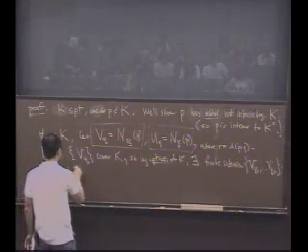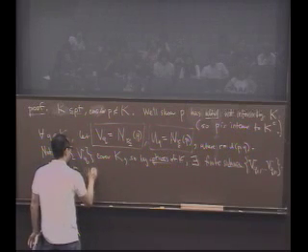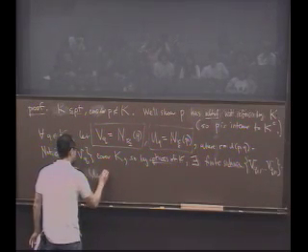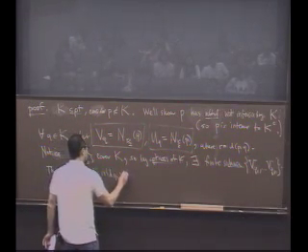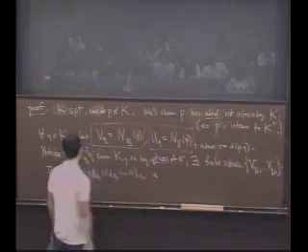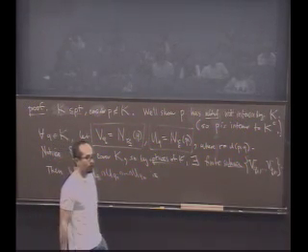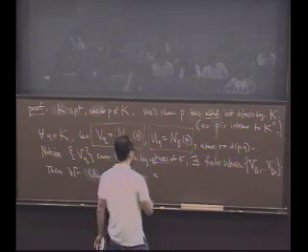Let's call it W. If we take the intersection of U sub Q1 intersect U sub Q2 dot dot dot U sub Qn, what can I say about W? It's the intersection of how many things? Finitely many things. Therefore, it's an intersection of finitely many open sets.